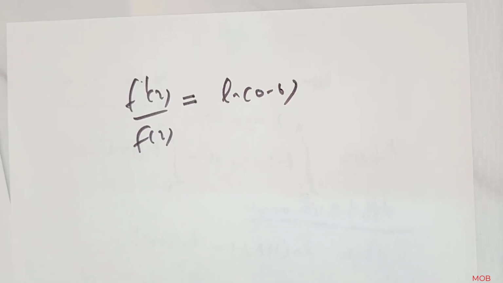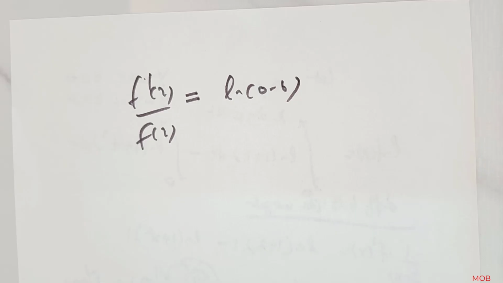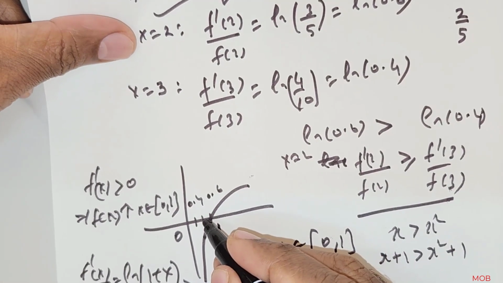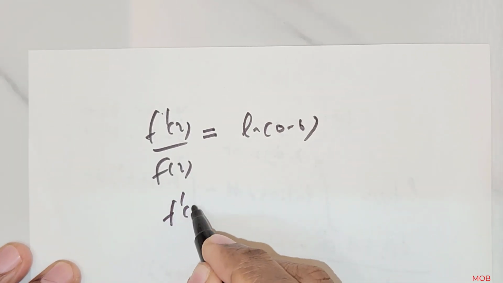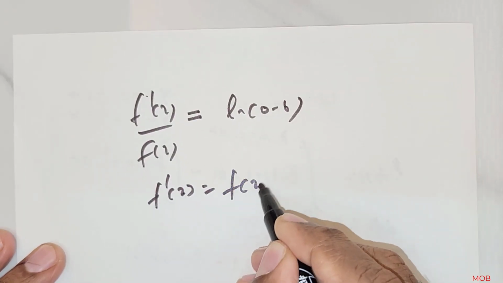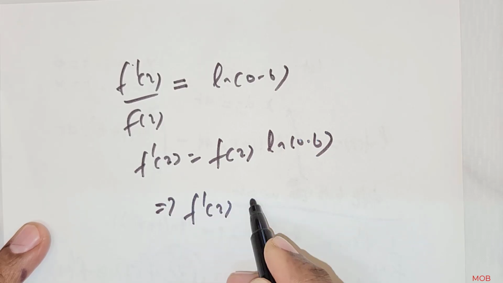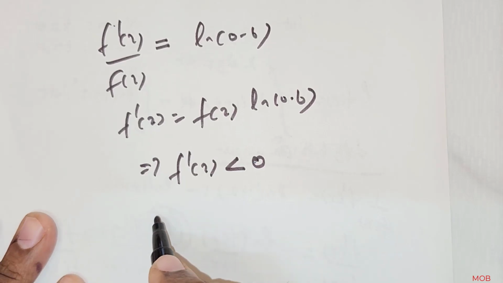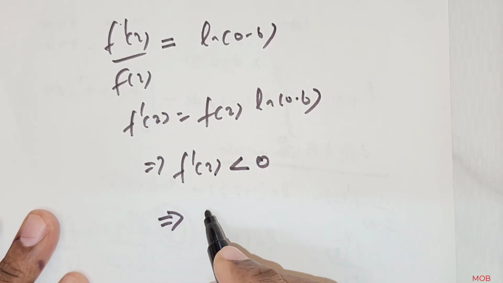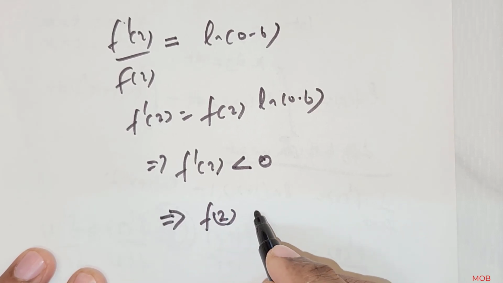Now what is ln 0.6? Where is that graph we had? ln 0.6 is actually negative, so keep that in mind. This would mean f dash of 2 is equal to f of 2 times ln 0.6. This means f dash of 2 is decreasing, so f of 2 is decreasing.